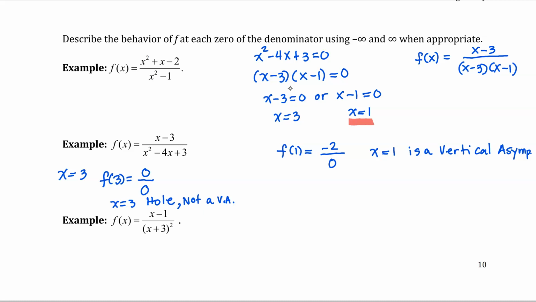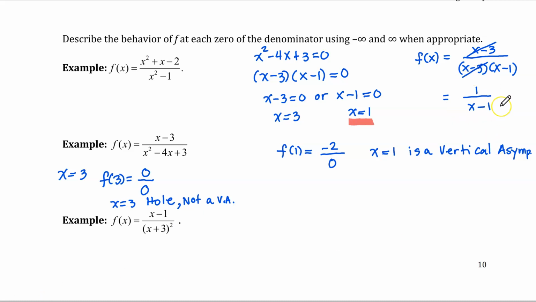And then you cancel the common factor. Note that at the zero of that common factor, x equals 3, the graph has a hole. Then we are able to get an equivalent expression for the function. This is 1 over x minus 1.